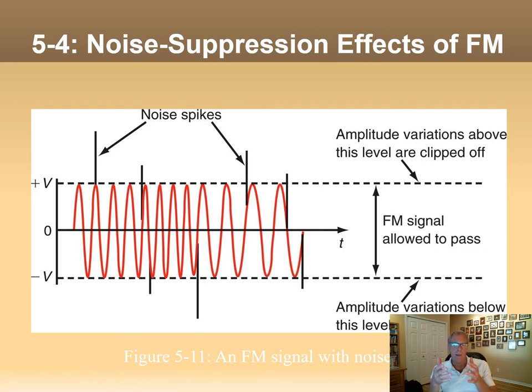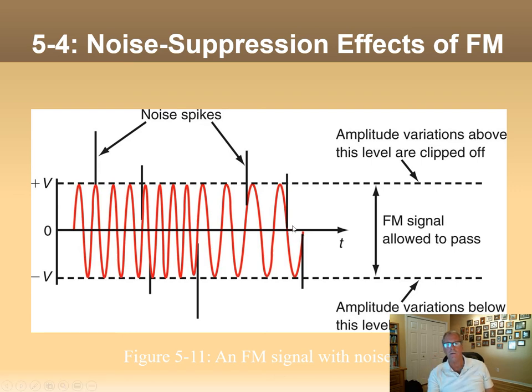Remember, the phase lock loop or the receiving device is taking the frequency or the phase of the FM signal and using that in the demodulation process. So even though noise comes along and changes the amplitude, it doesn't care because the phase or the frequency of the signal doesn't change. Except for one condition.